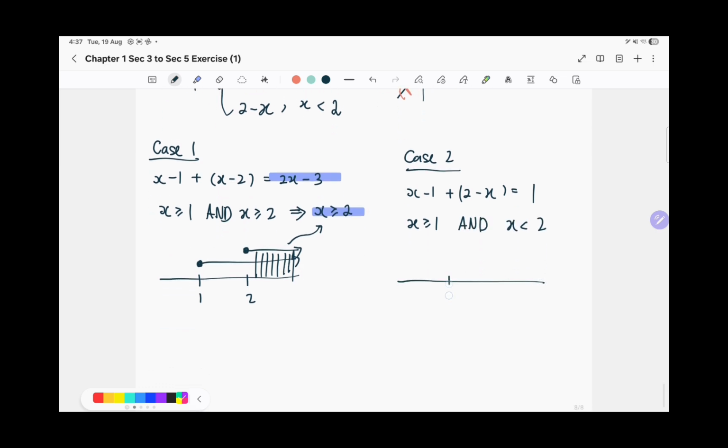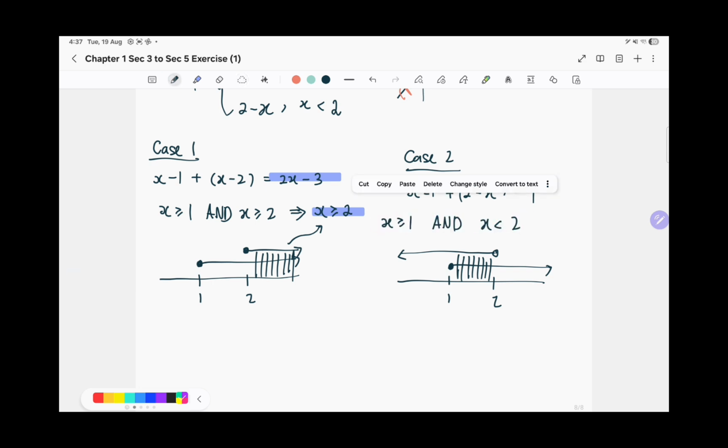Then you draw out 1, 2, greater than or equal to 1 with a solid circle, less than 2 with an empty circle, then the overlapping. So from here, the result should be x between 1 and 2.